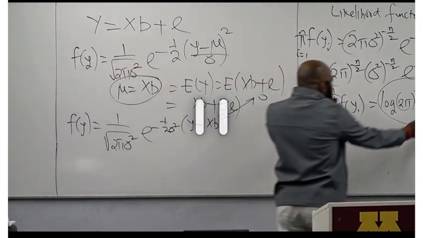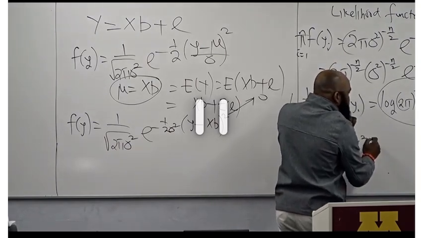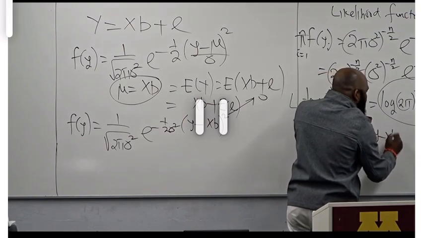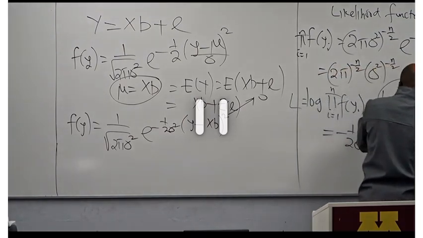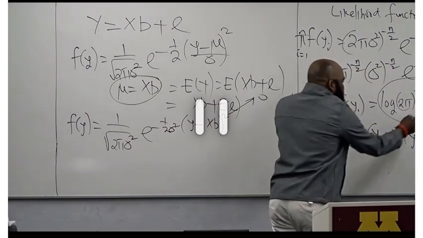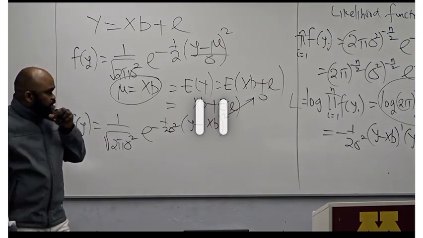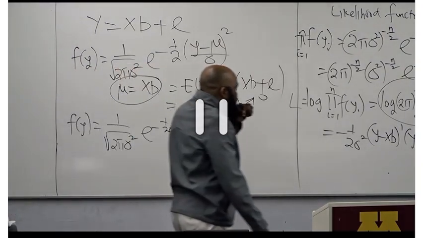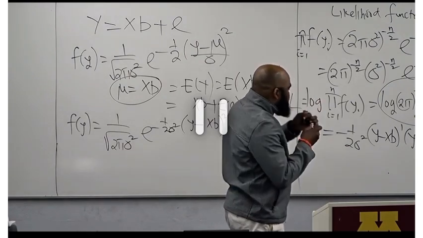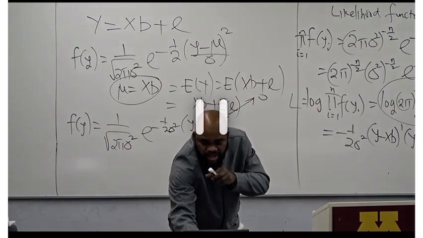So I write that as minus half sigma squared, y minus this, plus constants. What I mean by constant is that it's independent of the parameter that I want to estimate. That is what I have up to this moment.